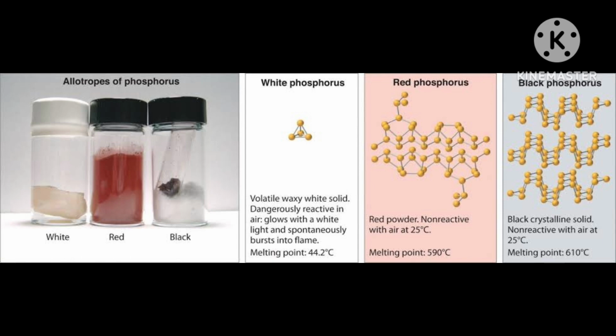Red phosphorus possesses iron gray luster. First, it is odorless, no taste, no smell. Second, it is non-poisonous.